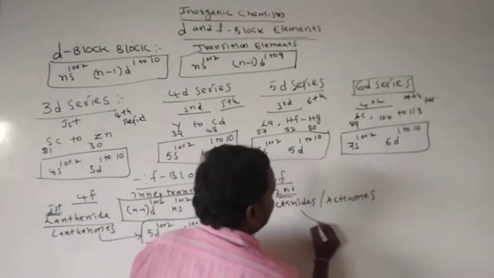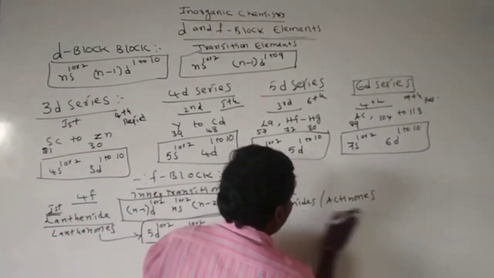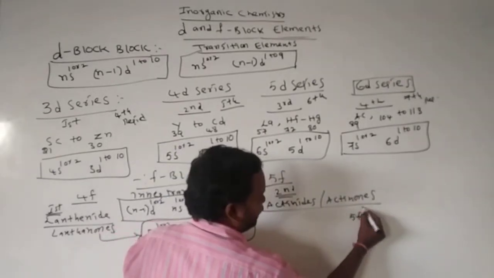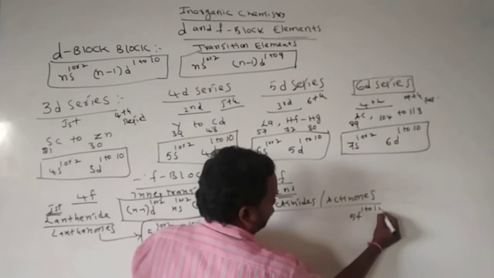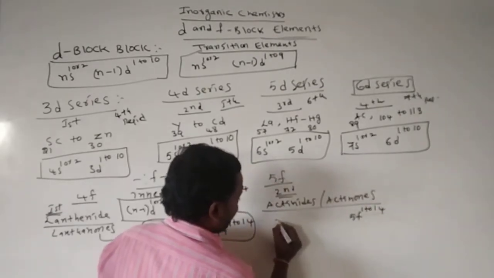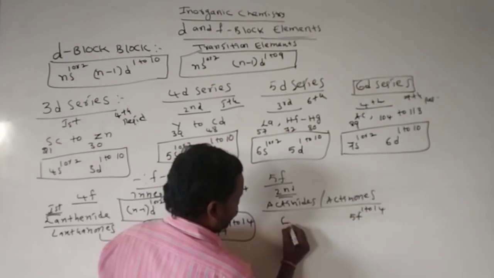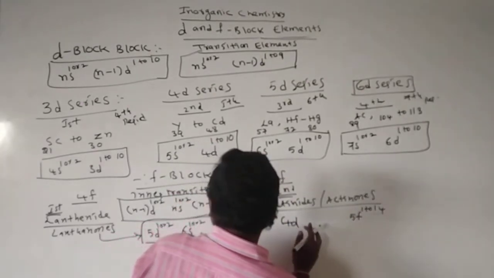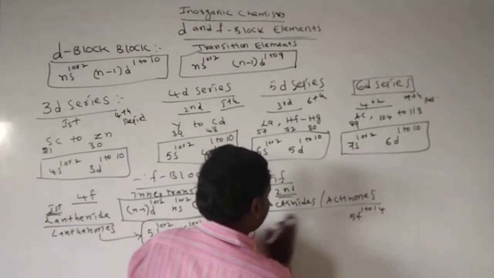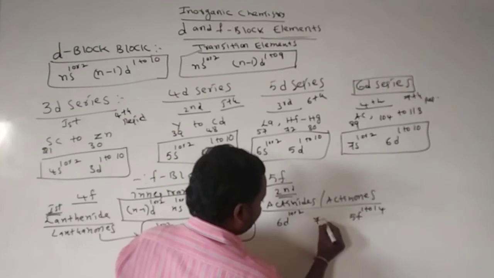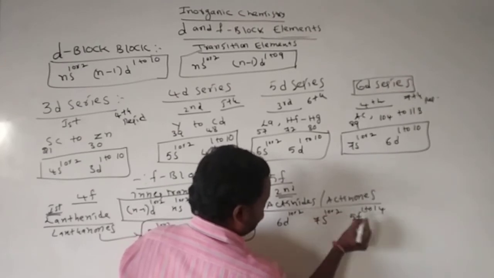Here I am writing the general electronic configuration of actinides. First write the 5F series: 5F 1 to 14, 6D 1 or 2, 7S 1 or 2.